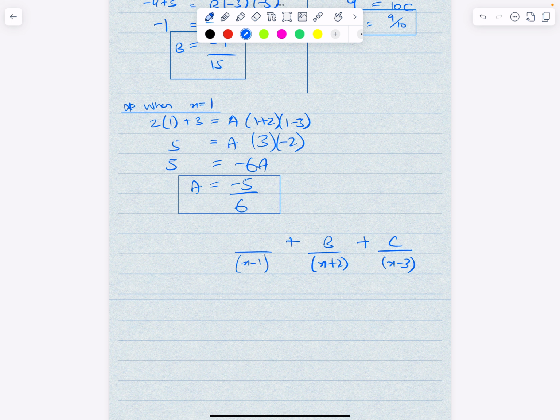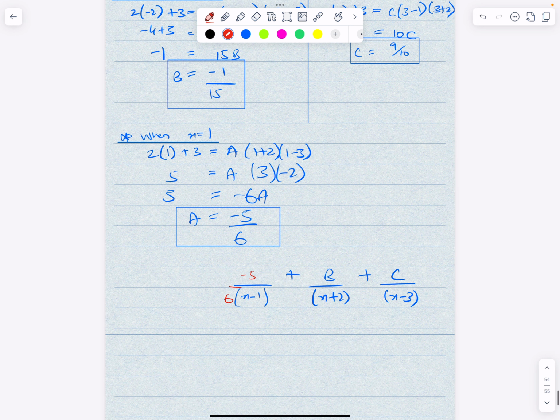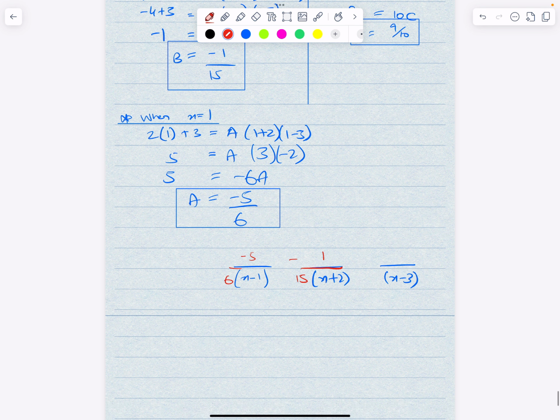Let's write this in red. And I have B as minus 1 over 15. And I have C as 9 over 10. So this is my final answer.